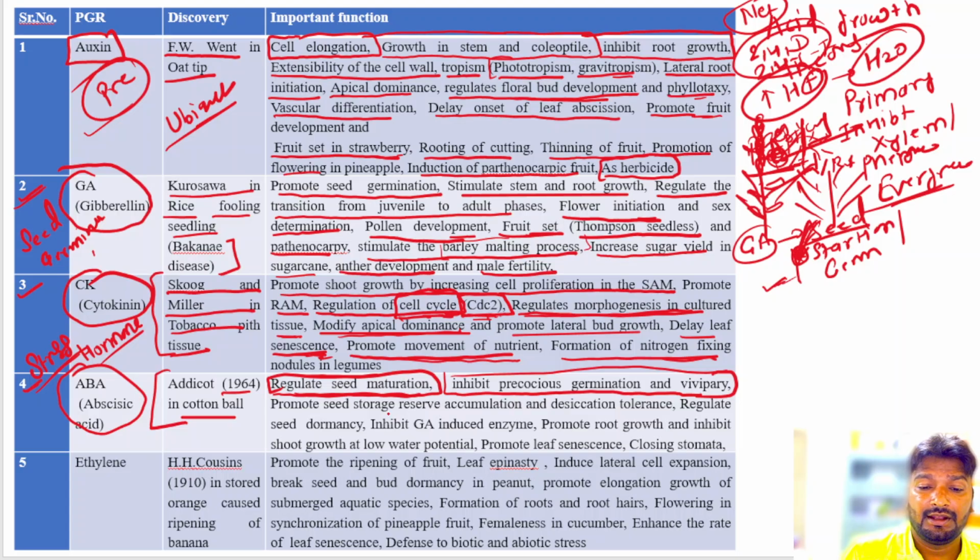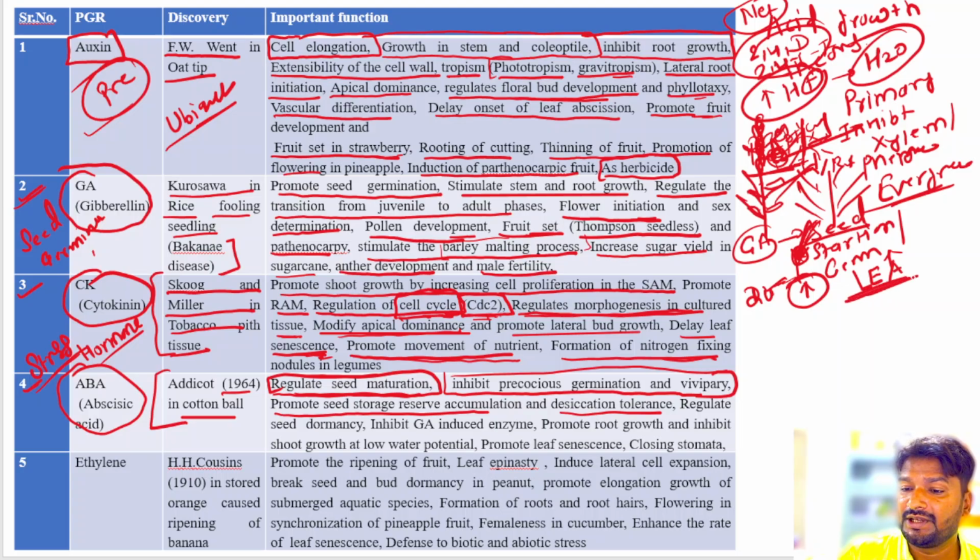Okay. And promote the seed storage, reserve accumulation and the desiccation tolerance. So during the seed storage, this increase the seed storage reserve and also promote the formation of some desiccation tolerance protein like LEA protein, that is known as late embryogenesis abundant proteins.